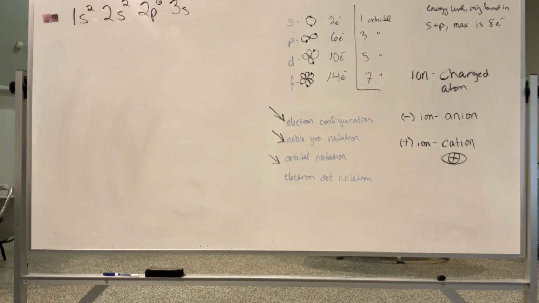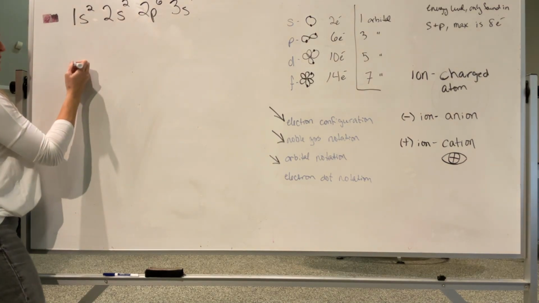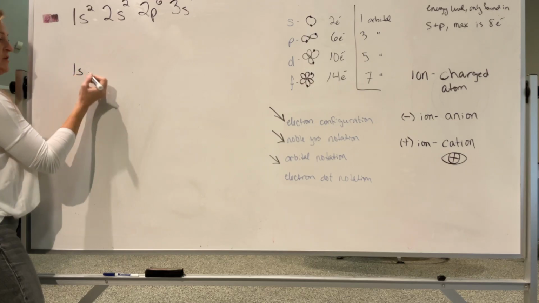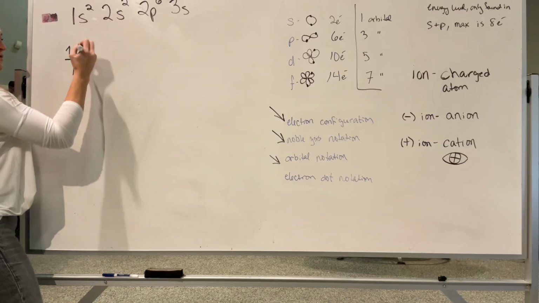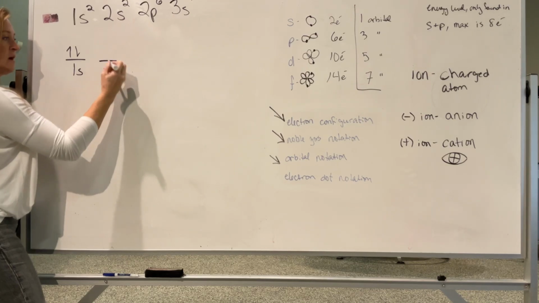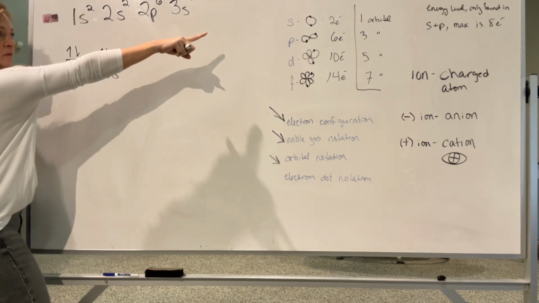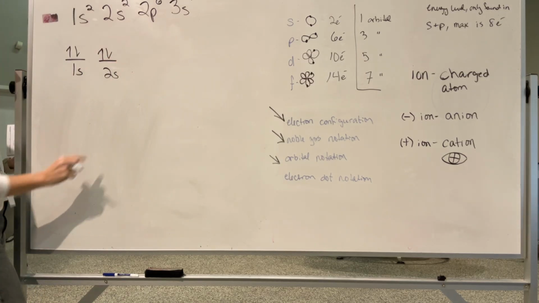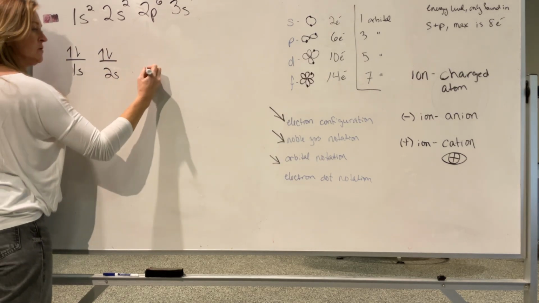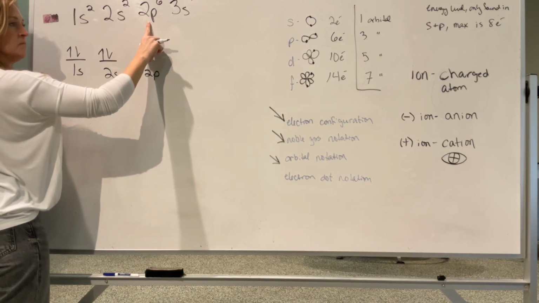Okay, so I'm just going to jump into orbital notation because it's kind of easy because I've already got it here. So orbital notation, I've got 1s. There's 2 electrons in there, right? 2s, I'm only drawing 1 line because I've only got 1 orbital in s. 2p, how many orbitals am I going to draw? 3.